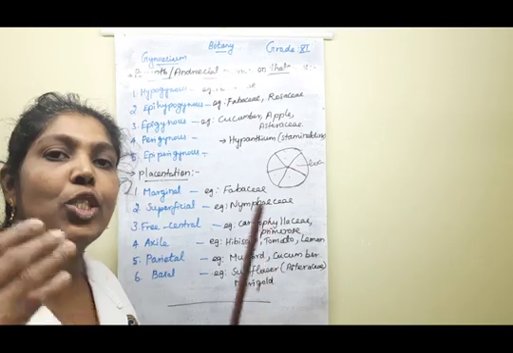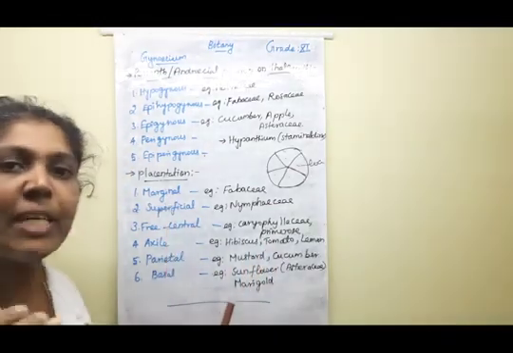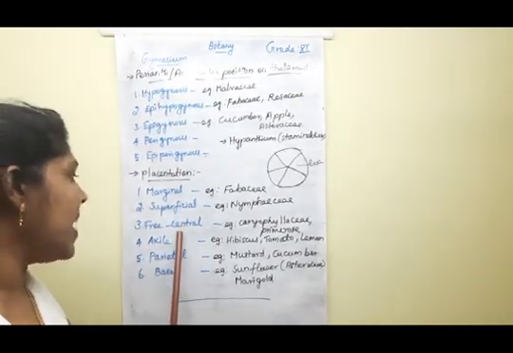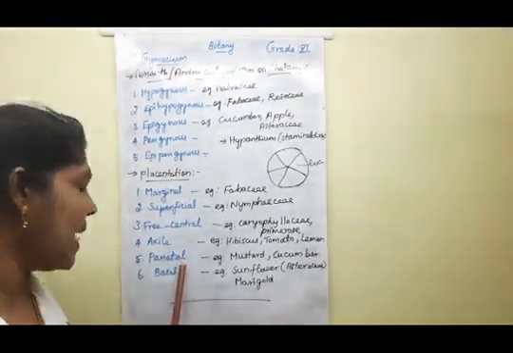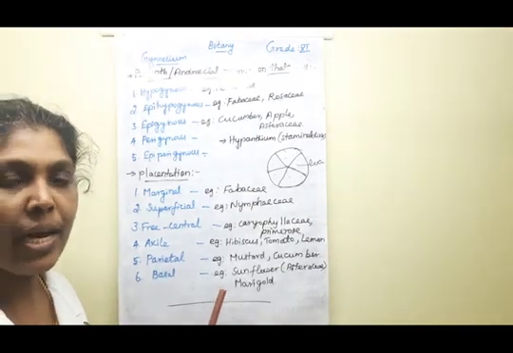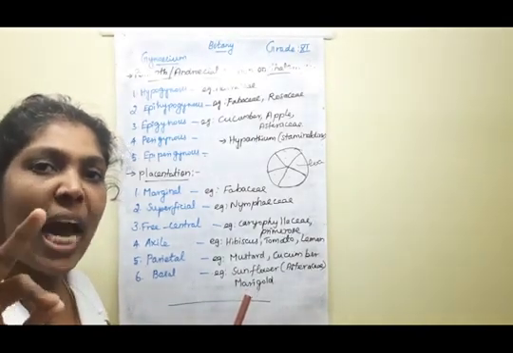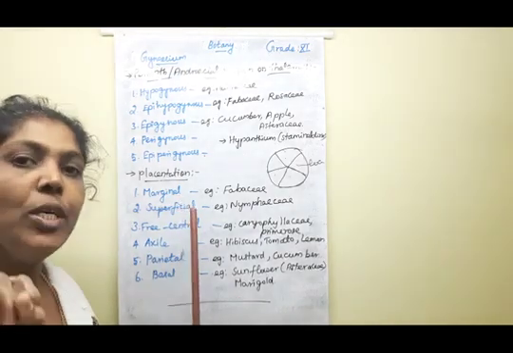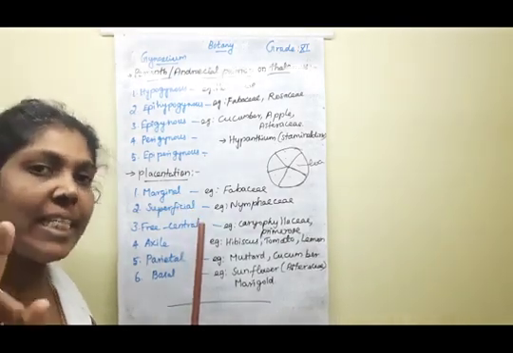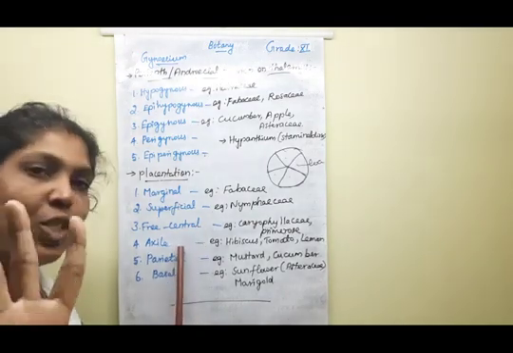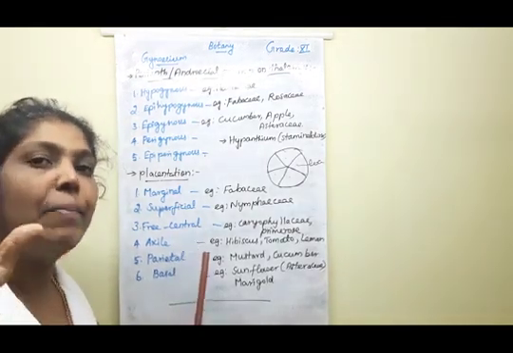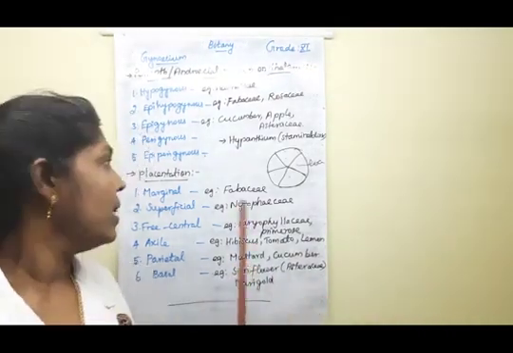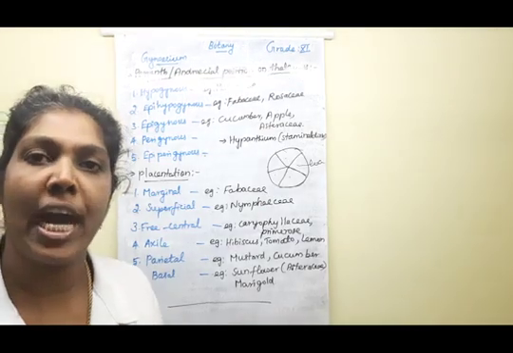These placentations come under six subtypes, children. The first is marginal, then superficial, free central, axile, parietal and basal type. Clear? These are the six types of placentation found inside the ovary.